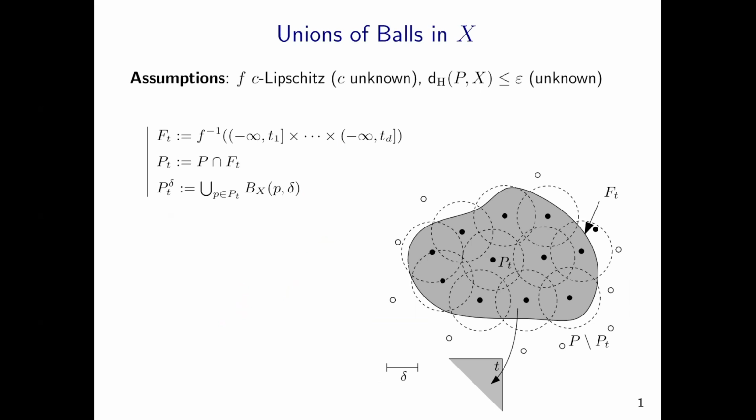The space at value δ that I'm considering is P_t^δ, which is the union of geodesic balls centered at the points of P_t with radius δ. Here is a pictorial view on the right. The sublevel set is in gray, the trace on the point cloud is in black, and the balls themselves are shown with dashed lines.